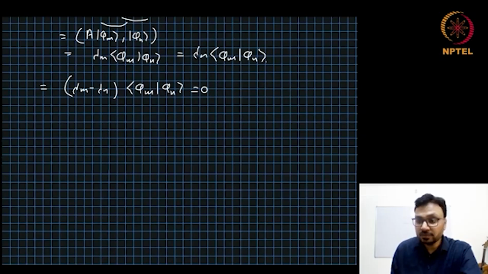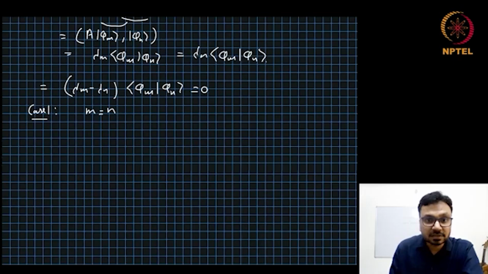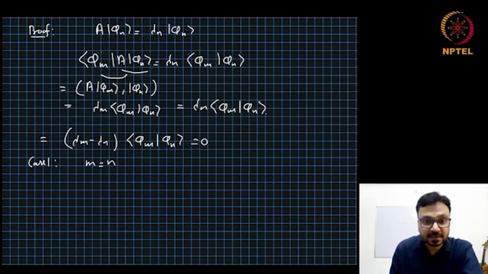Okay, so now let us say case 1, when m equals n. Sorry, this should be lambda star. So it's a conjugate, right?